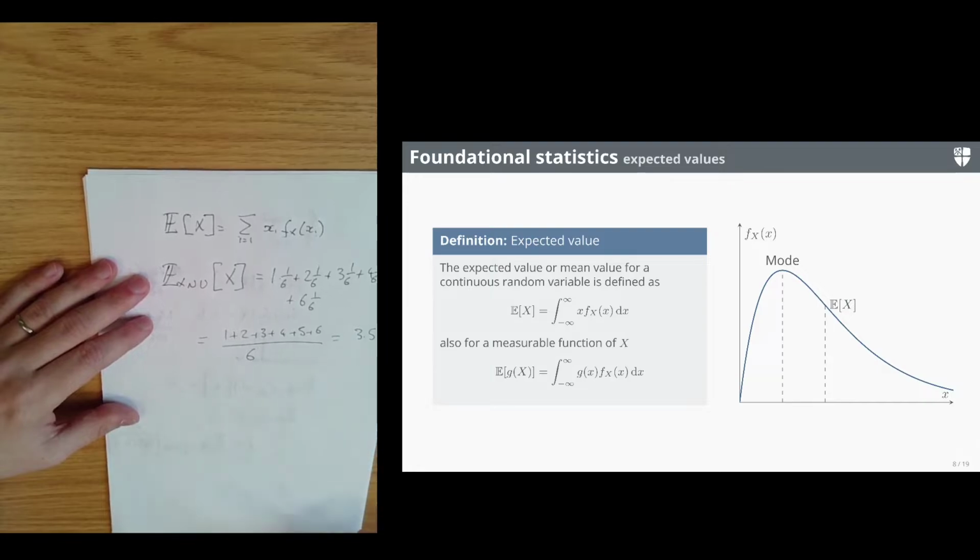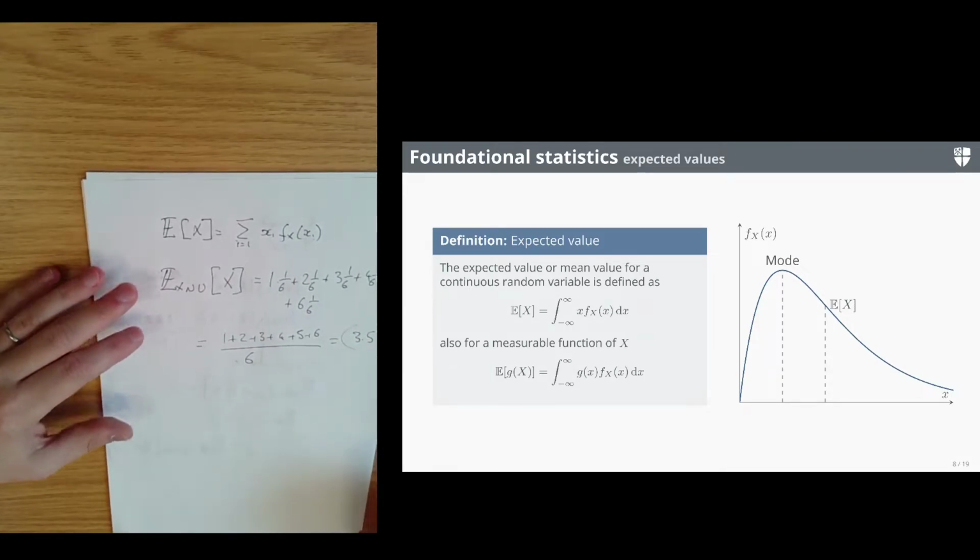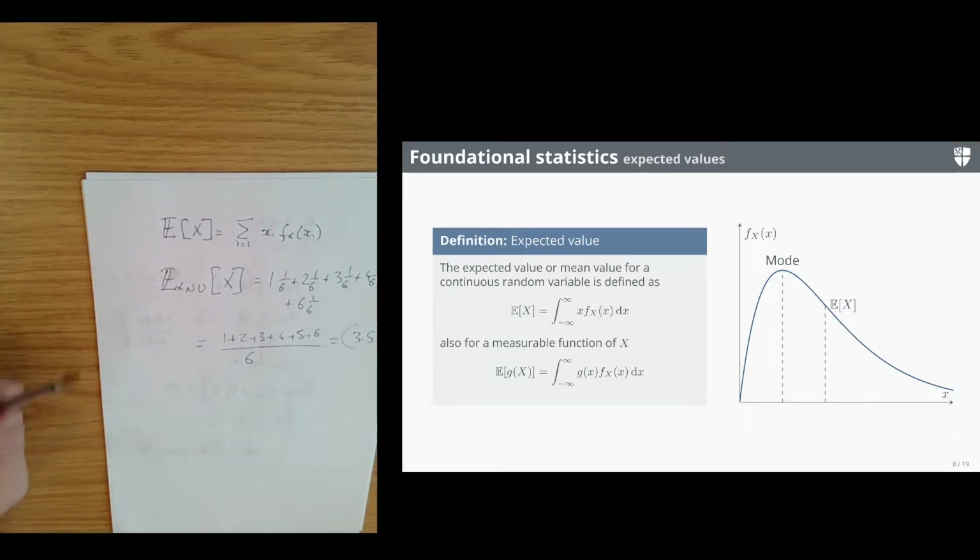So on average, as you throw a die over an infinite number of trials, you will eventually converge to a value of 3.5 as you keep averaging.